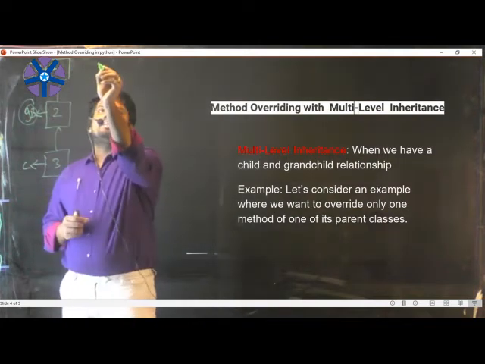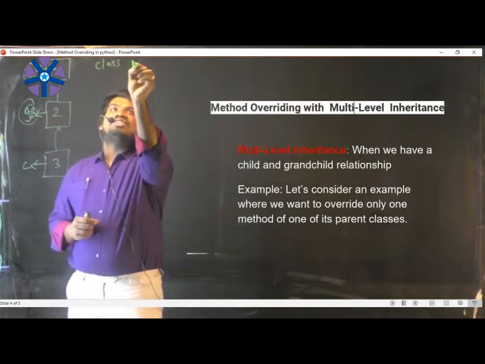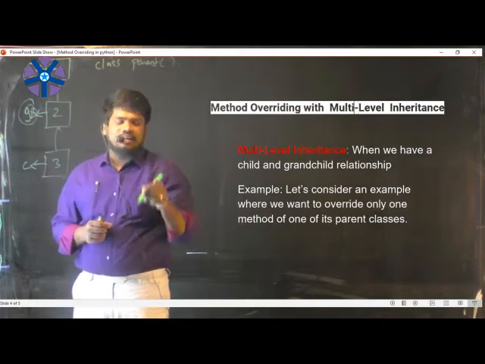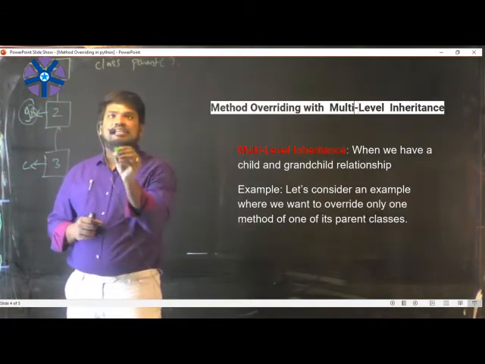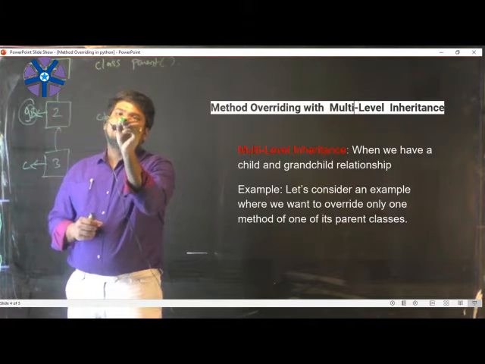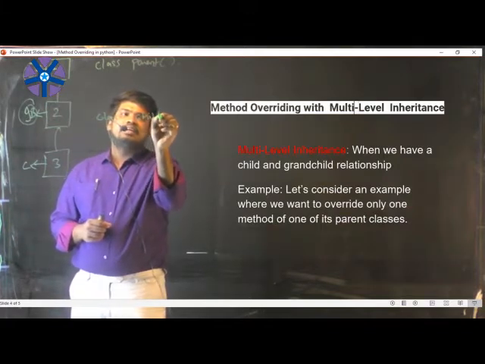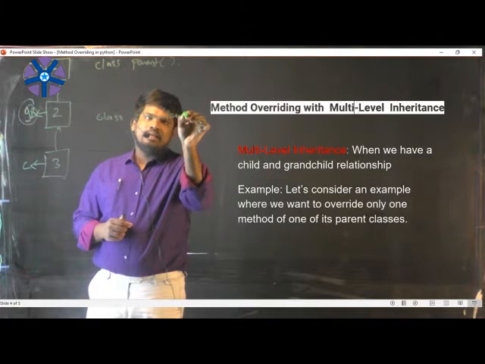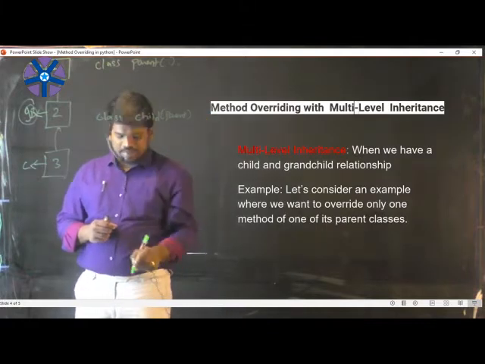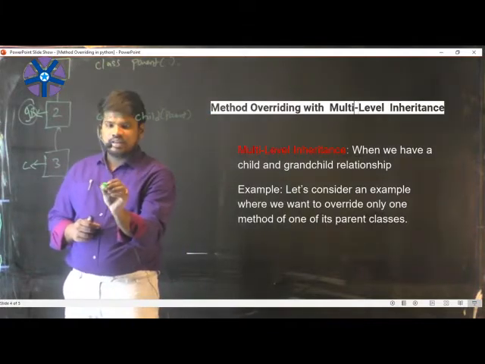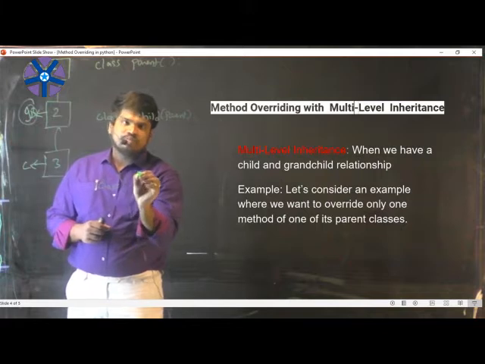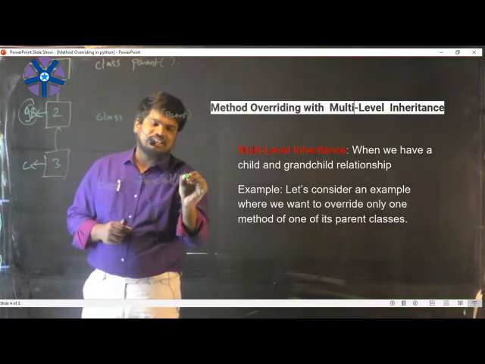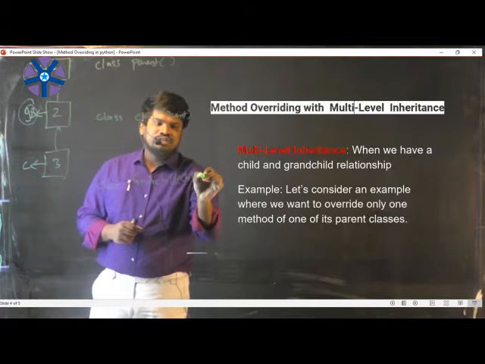What I am doing here is I am taking one class of parent, and next I'm taking one more class, a class of child, and the class of child is taking the properties from the parent, and next I'm going to write a class of grandchild, and this grandchild is taking the properties from the child class.